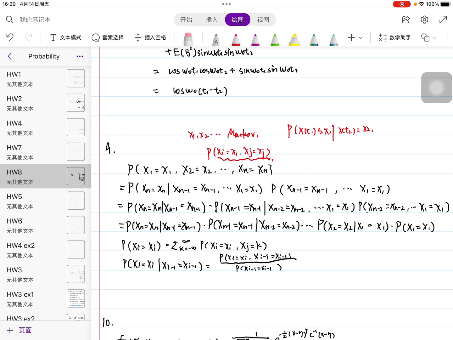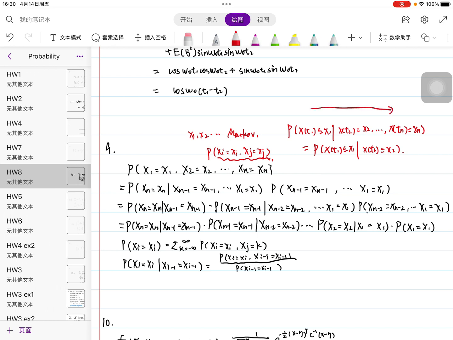I think I can use the expression like that, then it equals to still p of xt1 smaller than x1, given xt2 equals to x2.